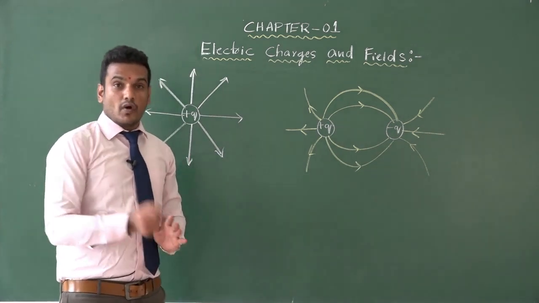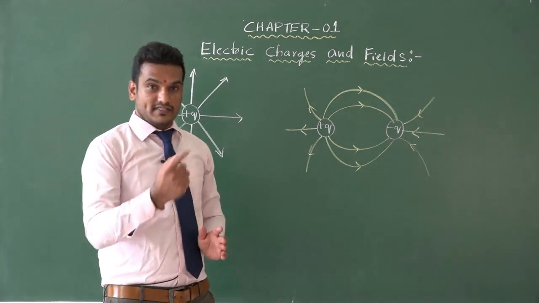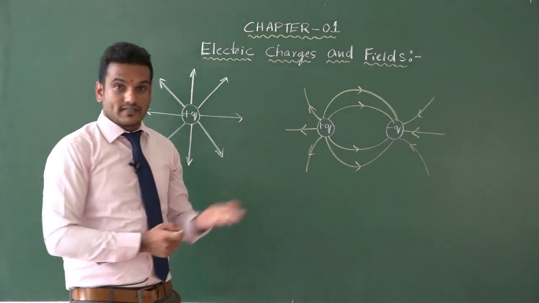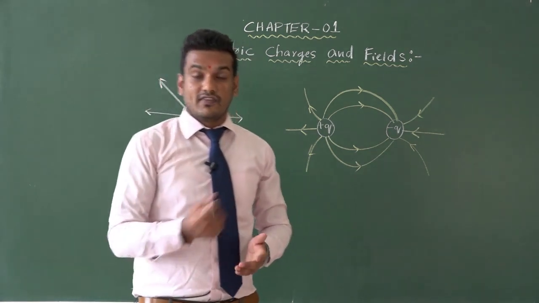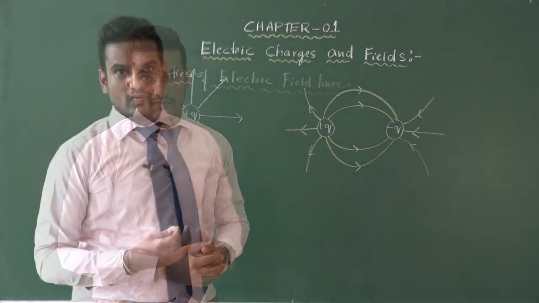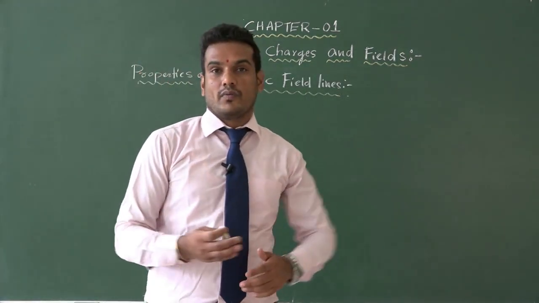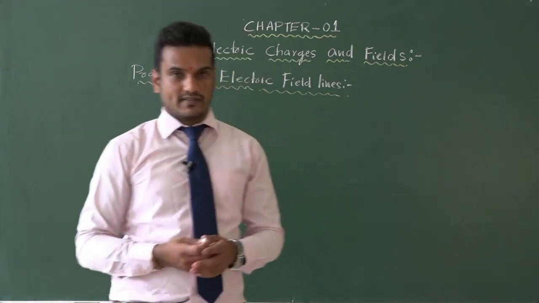Next is properties of electric lines of force or electric field lines. Let us understand what exactly the properties of electric field lines are. Let us understand one by one.